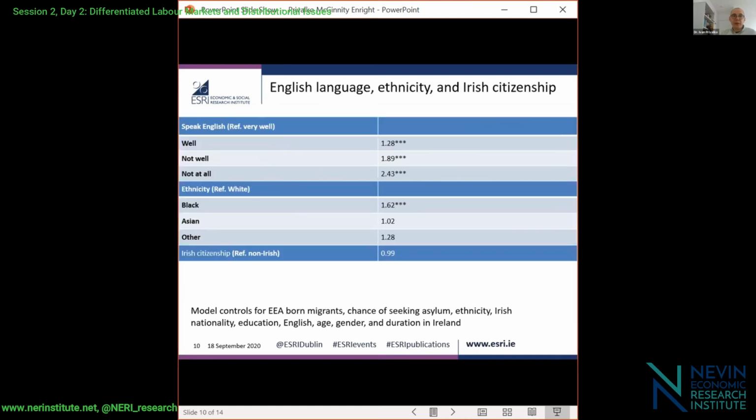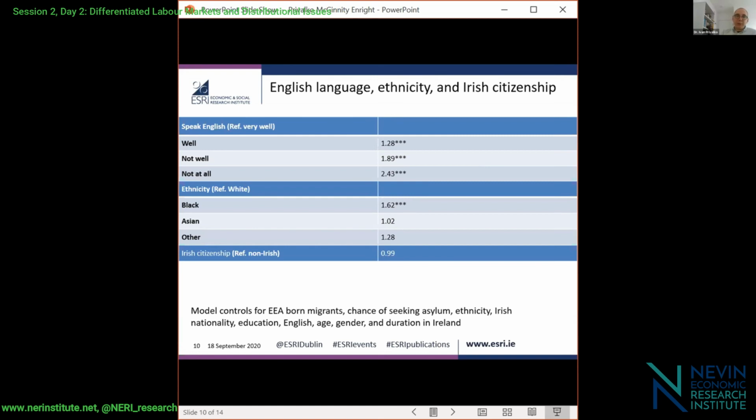If we look at English language ability, we find the same thing. People who speak no English at all have 2 times greater odds of citing unemployment than those who speak English very well, and there seems to be a sliding scale in terms of English. So that's really important, and our human capital measures are confirmed.